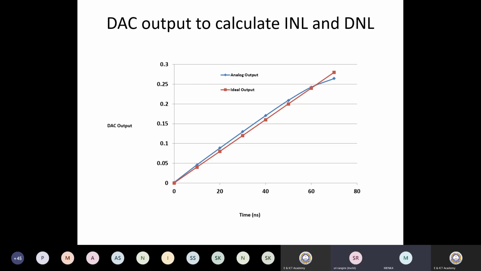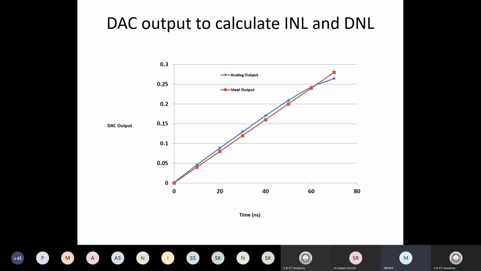Here in this graph, what we have one straight line, which is red color. This is the ideal output, which we were expecting. Another line is the analog output we are getting with the help of the circuit design. So here, whatever circuit we have designed, it might be having some parameter mismatch or something else. For example, differential amplifier. This itself has some parameter mismatch. We are talking about op-amp. So this op-amp was not ideal one, because the ideal op-amp should have infinity input resistance and the output resistance should be 0, right?